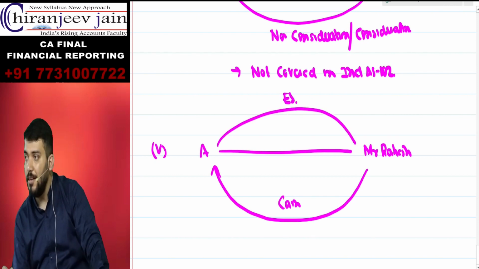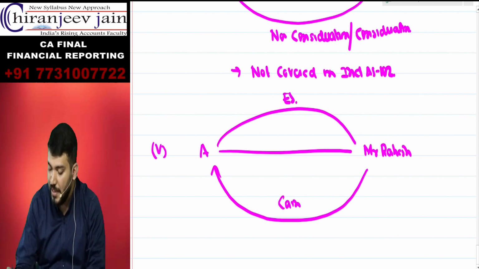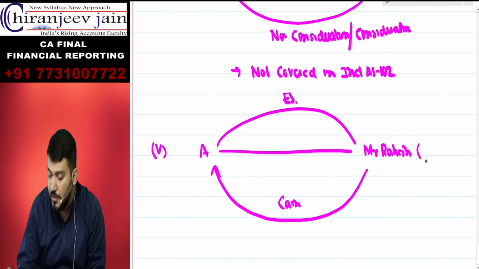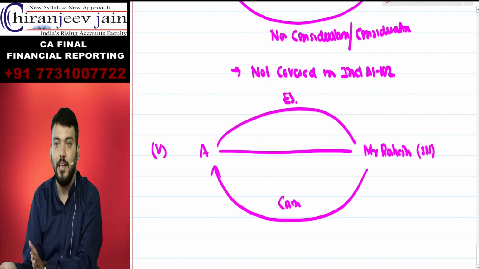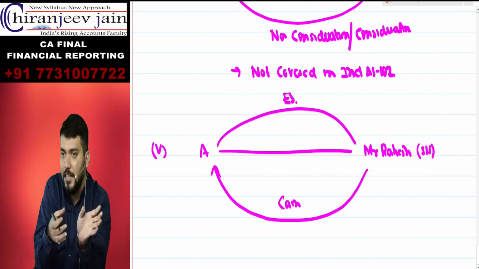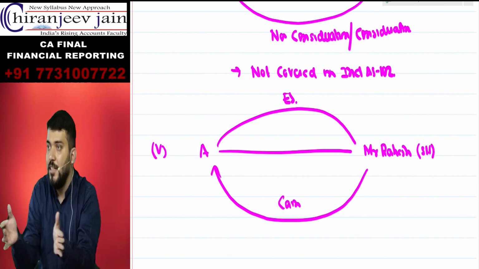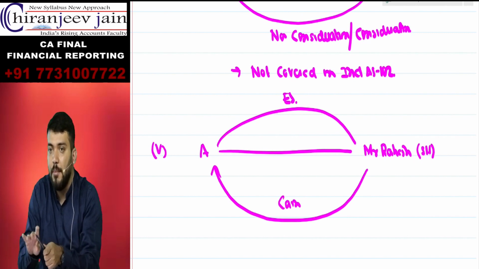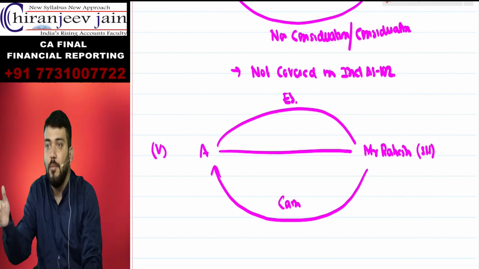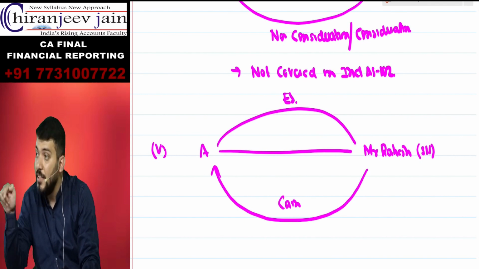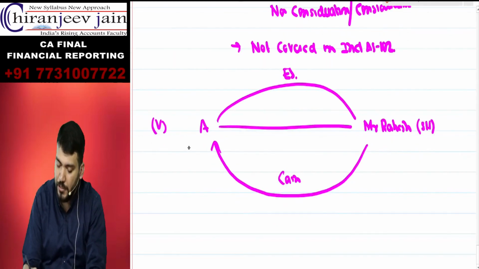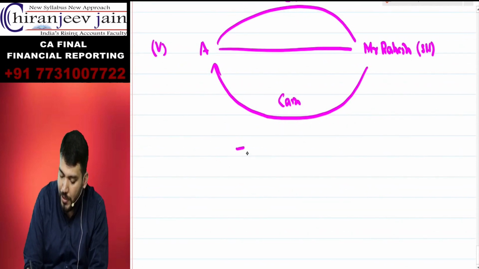But whether it is covered? Because he is right now acting like a shareholder. He is a potential shareholder. Are you getting? So when he is giving cash and equity shares will be issued, there is a transaction between A Limited and a shareholder, not in the capacity of employee, not in the capacity of other person. He is acting like a shareholder right now. Therefore, it is also not covered. Not covered.